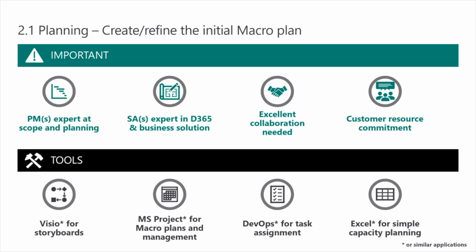If you have a favorite drafting software, use that instead. For the macro plan, use something like Microsoft Project or similar. Once you start looking at task assignment and creating the more detailed tasks, think of using something like Azure DevOps or whatever you're familiar with and happy with. If you use Jira, use that.